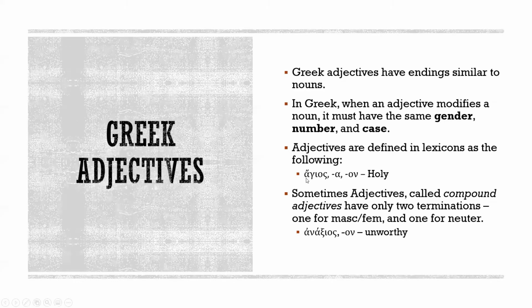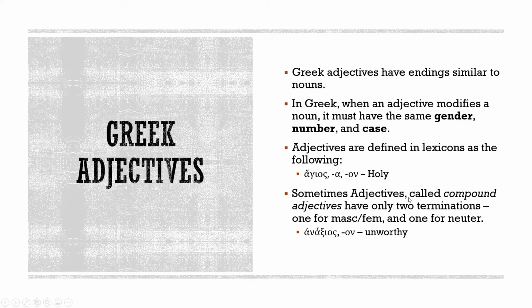As you see in hagios, we have the masculine singular nominative, the feminine singular nominative, and the neuter singular nominative, in the following of hagios, hagia, and hagion, which define as holy.